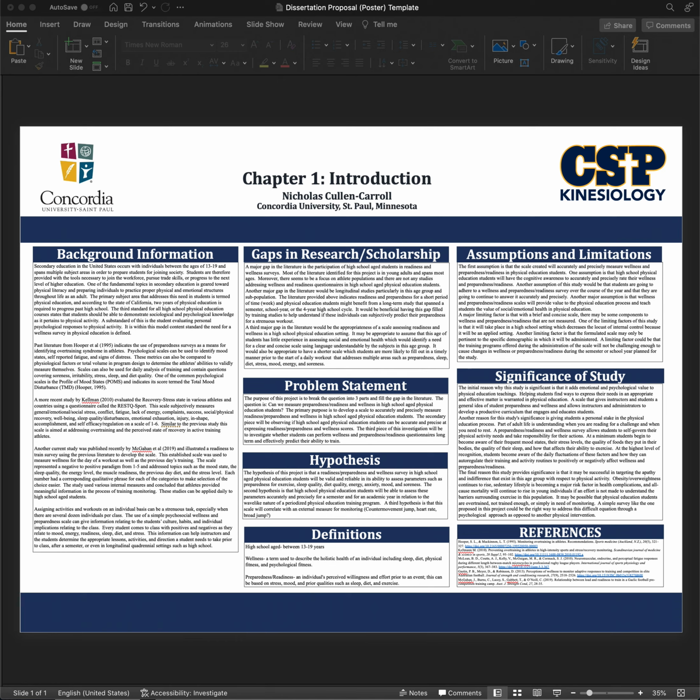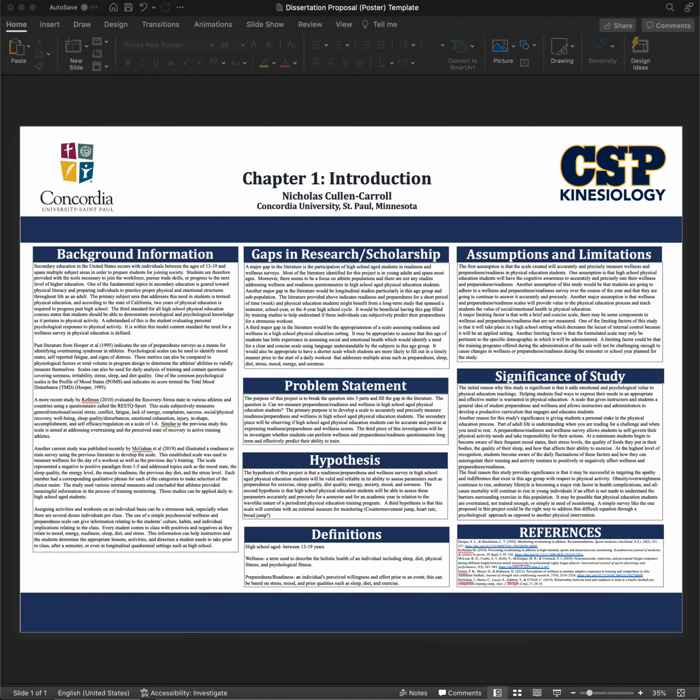The standards for physical education are very vaguely defined, but there's 3 of them that are extremely important. And the third one is the one that I'm going to focus on here, which has to do with demonstrating knowledge in the sociological and psychological realm as it pertains to physical activity.